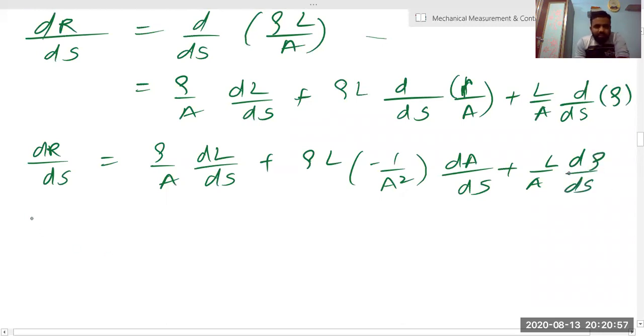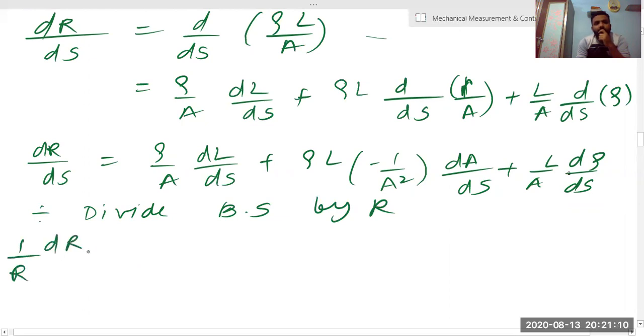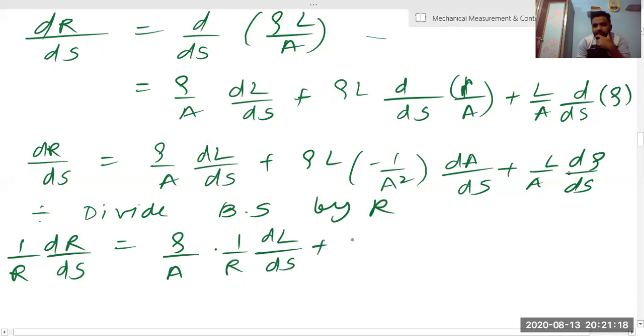Now I'll divide both sides by R. When I divide by R, 1 by R dR by dS will be equal to rho by A into 1 by R dL by dS, and minus rho L by A squared into dA by dS, with 1 by R also there.